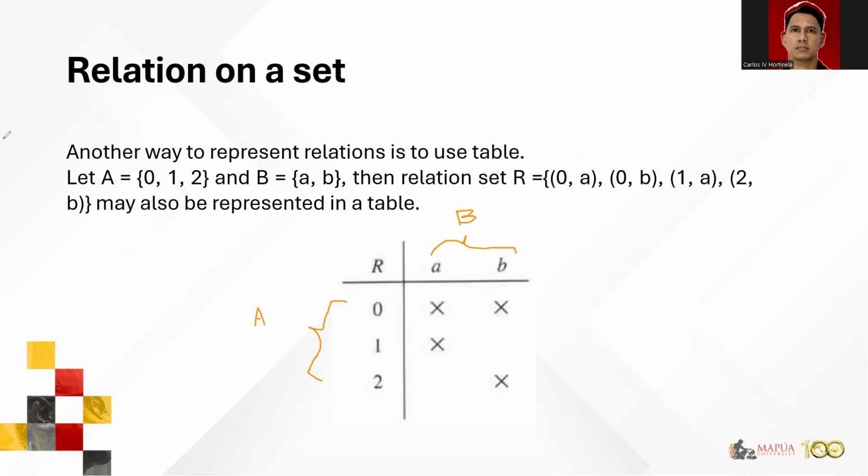And on the cell where these elements eventually intersect, so basically if we provide rows for each element on your set A, you would have something like this. If I provide columns for every element on set B, you'd have something like this.